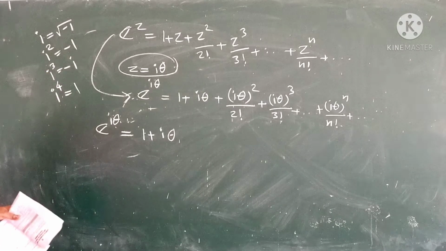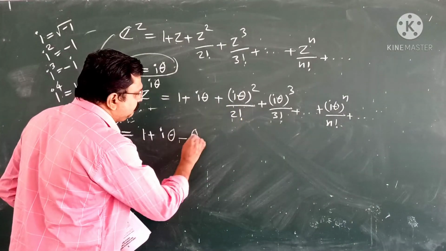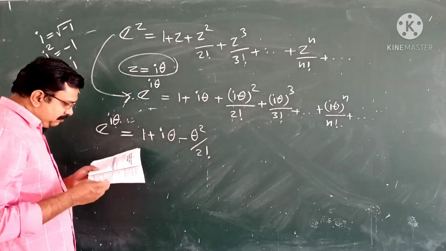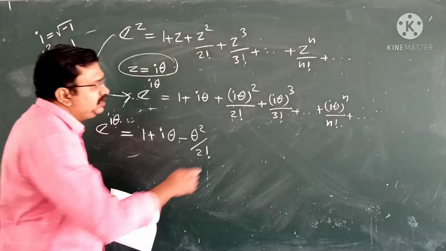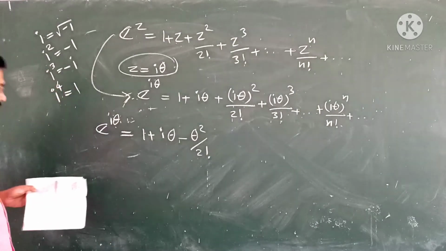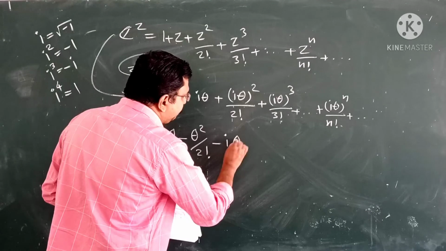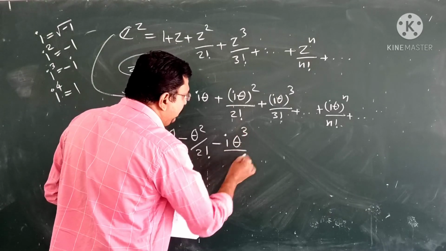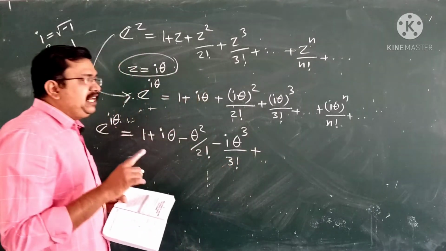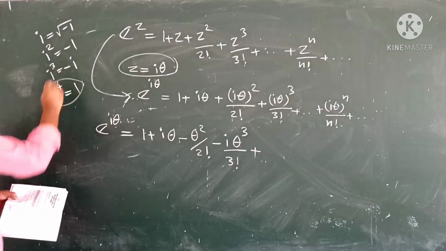Therefore, in this equation, i square theta square is minus theta square by 2 factorial. Then i cube theta. What is i cube? i cube is minus i, that is minus i into theta cube by 3 factorial. Next plus i raised to 4 theta 4. We know that i raised to 4 is 1.